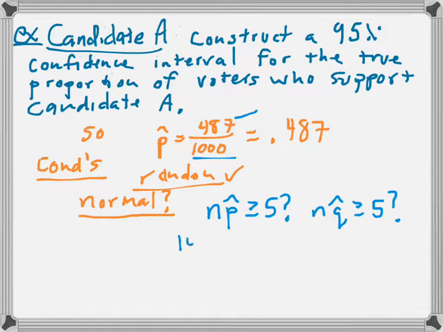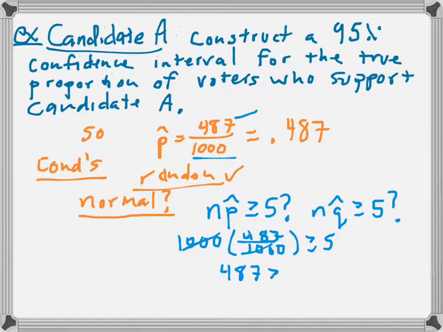So n is 1,000, and p hat, I'm just going to use the fraction I started with, is 487 over 1,000. Is that greater than 5? Well, these denominators just cancel, and I'm left with 487. And what was that number, 487? That was the number of people who supported candidate A, or in this case, the number of successes.